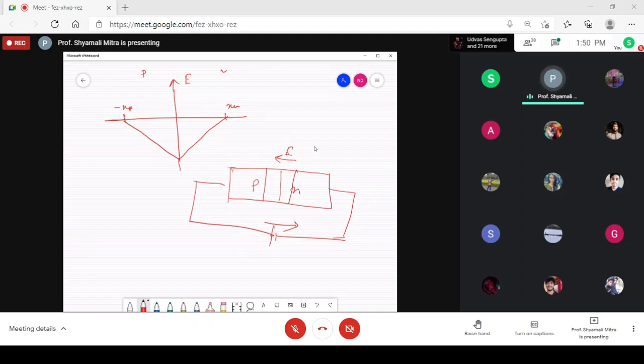What happens now if we connect this p side to the most negative terminal of the battery and the n side to the positive terminal of the battery? What does the arrowhead point to? In this direction? Do you agree with me? Yes, ma'am.